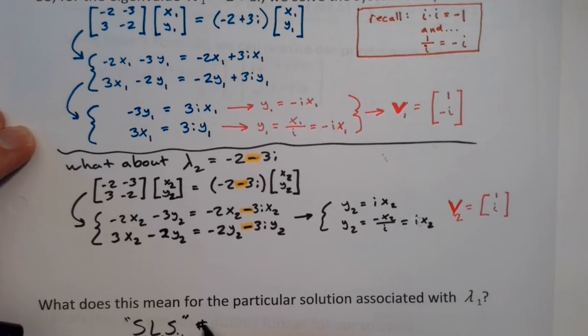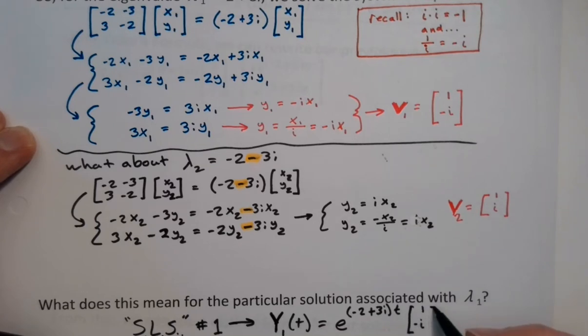Straight line solution number 1 is going to be equal to e to the negative 2 plus 3i times t times its eigenvector, which was 1, negative i.